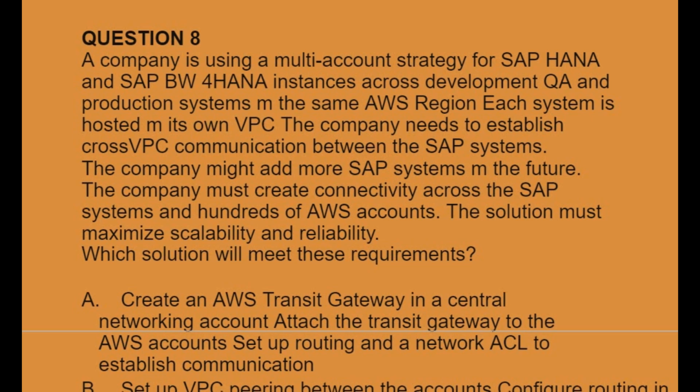The company might add more SAP systems in the future. The company must create connectivity across the SAP systems and hundreds of AWS accounts. The solution must maximize scalability and reliability. Which solution will meet these requirements?